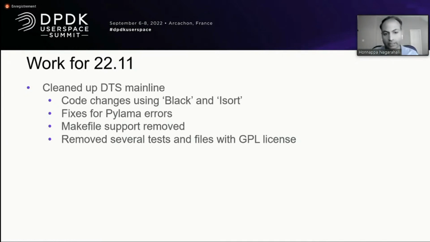So these are some of the tools that are used to automatically format the code. They have got certain configurations to choose what kind of formatting you want for the code. So we went ahead and ran these tools on the DTS mainline to make sure that the code looks and feels the same throughout the repo.